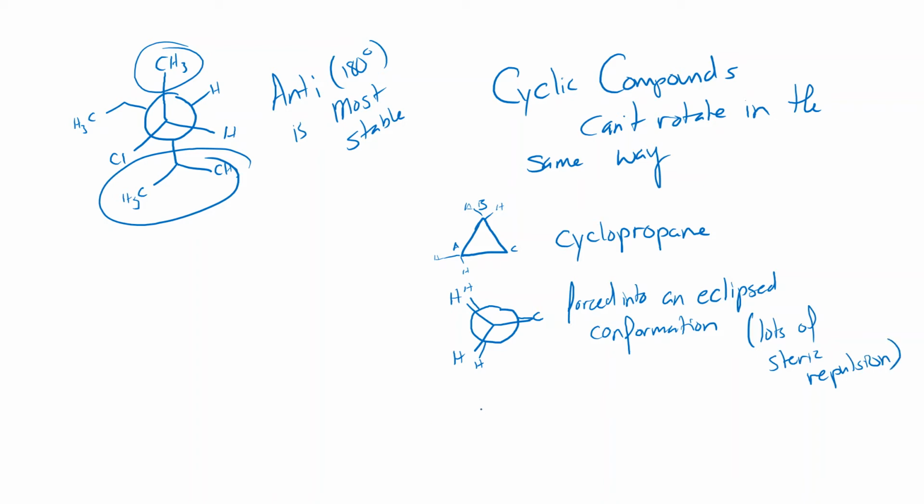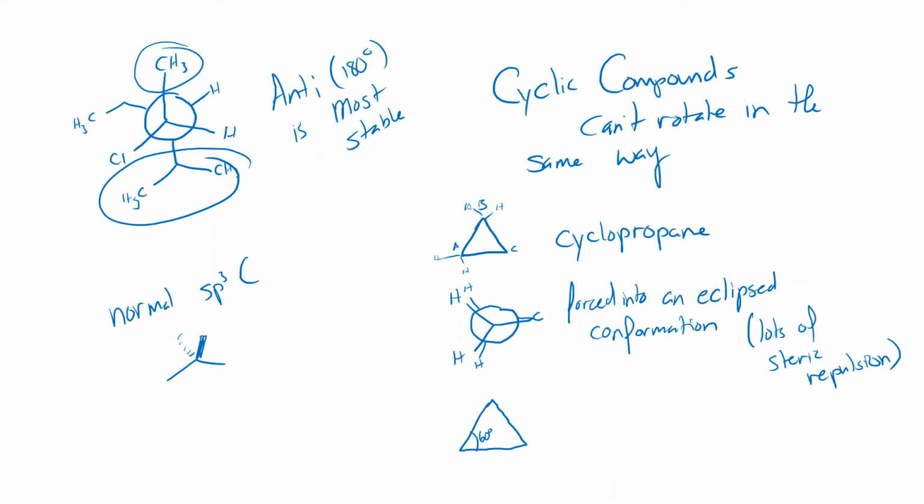In an equilateral triangle, because these are all carbon-carbon bonds, we have an internal angle of 60 degrees. That's just a property of triangles. But what that means is that a normal sp3 carbon wants to have, so let's draw a normal sp3 carbon, all four groups arranged so that they're as far away from each other as possible.